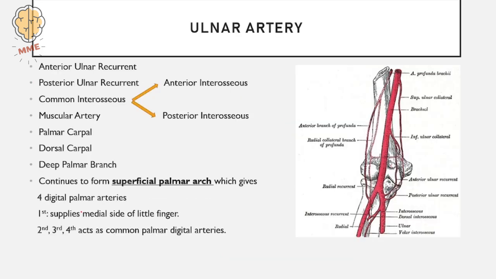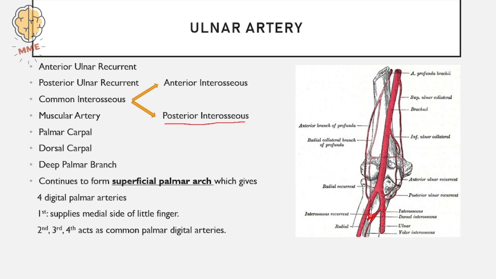So next we will come to ulnar artery. Now ulnar artery has branches anterior ulnar recurrent, posterior ulnar recurrent, common interosseous, anterior interosseous and posterior interosseous. This posterior interosseous over here, see over here, this is the ulnar artery, and this is the anterior interosseous, this is the posterior interosseous, and this is the interosseous recurrent.